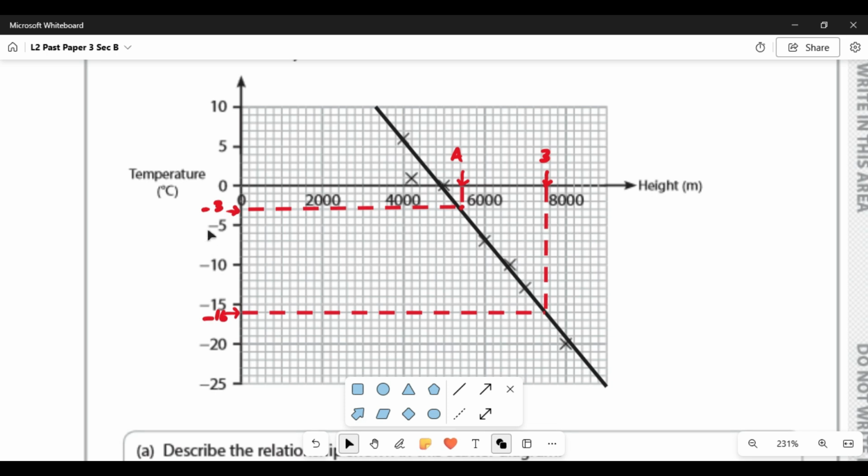So we need the difference between -3 and -16. You could count the number of jumps, or count the number of squares between them. That's a good way. In fact, let me do that. 1, 2, 3, 4, 5, 6, 7, 8, 9, 10, 11, 12, 13 jumps between those two temperatures.